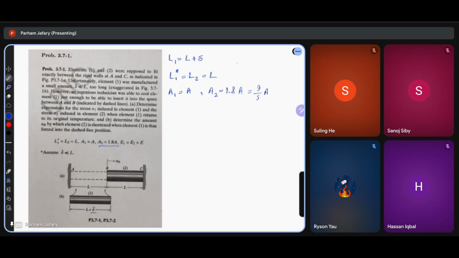And their modulus of elasticity, E1 is equal to E2 equal to E, because they're both the same material.